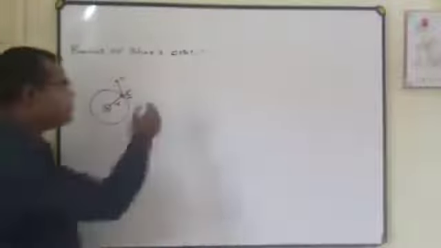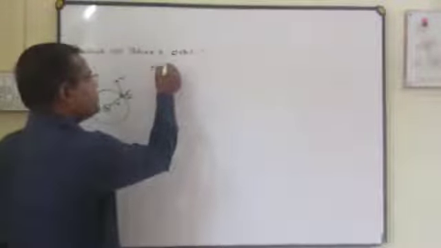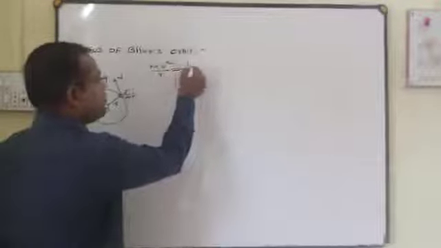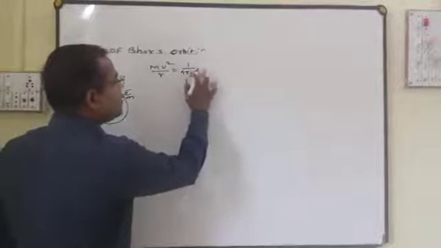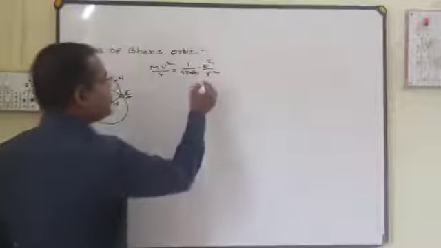Then, according to Bohr's first postulate, centripetal force is equal to electrostatic force. So m v square by r is equal to 1 upon 4 pi epsilon naught into e square divided by r square.